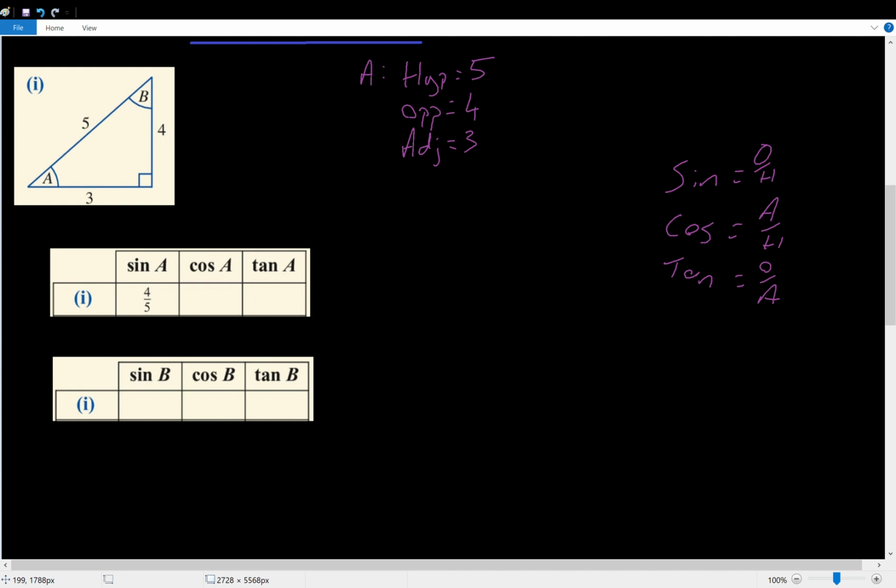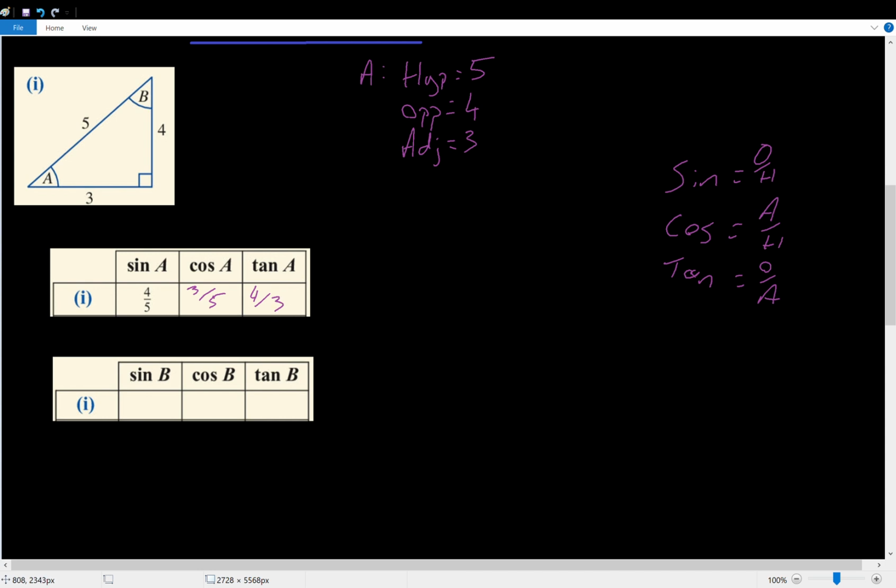Our cos A, if we look to the right, is going to be adjacent over hypotenuse. Adjacent is 3, hypotenuse is 5. So our cos of A is going to be 3/5. And our tan is going to be opposite over adjacent. Opposite is 4, adjacent is 3, so it's going to be 4/3 for our tan of A.